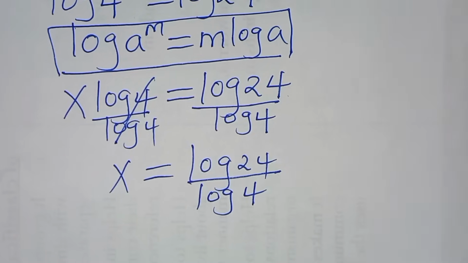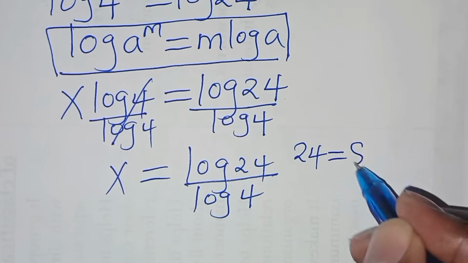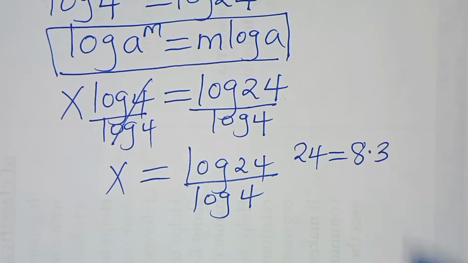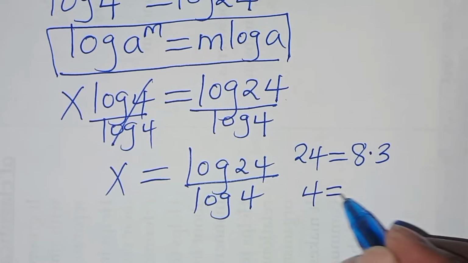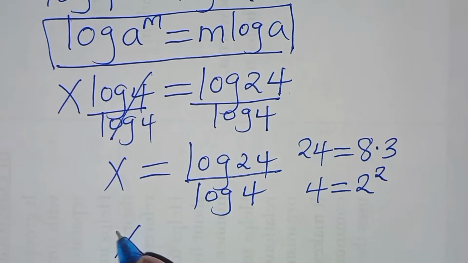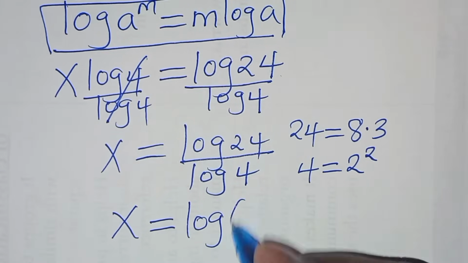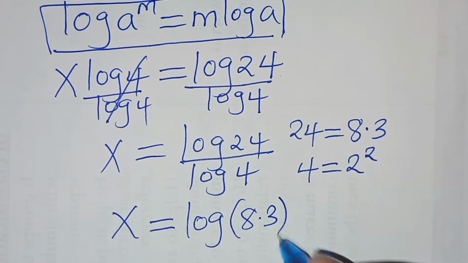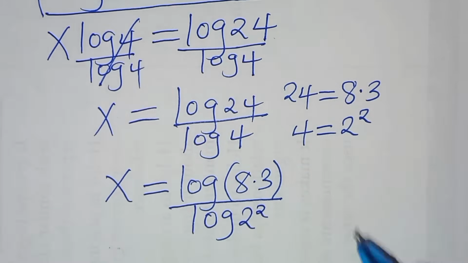Now the next step here, we have that 24 is the same thing as 8 multiplied by 3, and we can express 4 as 2 to the power 2. So substituting this, we'll have x equals log of 8 multiplied by 3 divided by log 4, which is log 2 to the power 2.